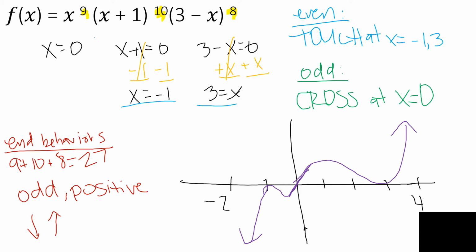Okay, so our end behaviors, we are approaching negative infinity as x approaches negative infinity. We're approaching positive infinity as x approaches positive infinity. We touch at -1 and 3 on the x-axis, and we cross at 0.